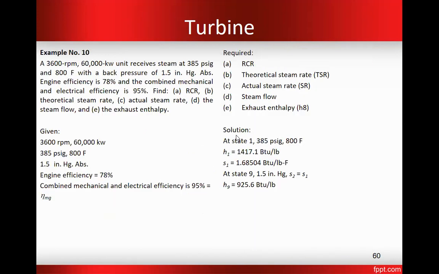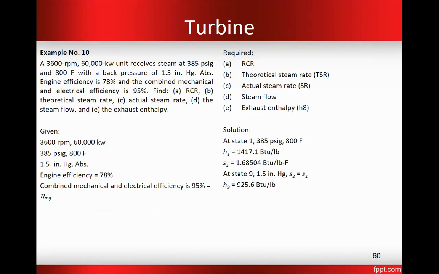So example number 10. At 3,600 RPM, a 6,000 kilowatt unit receives steam at 385 PSI gauge and 800 Fahrenheit with a back pressure of 1.5 inch mercury absolute. Yan. Tandaan nyo, basic gauge na nga, may basahin nyo sa absolute. Okay? Engine efficiency is 78% and the combined mechanical and electrical efficiency is 95%.